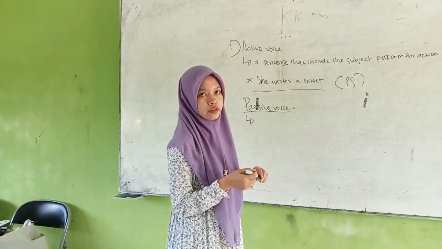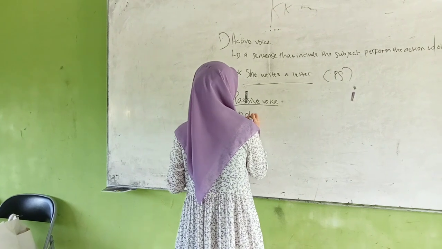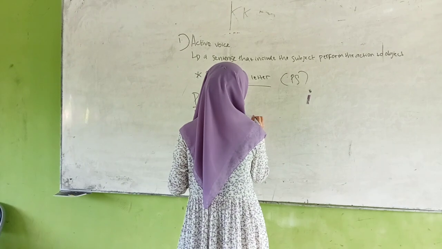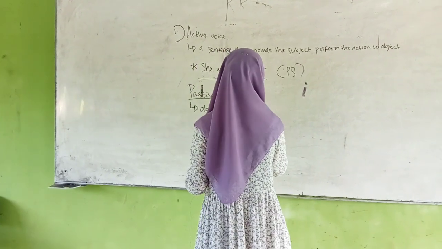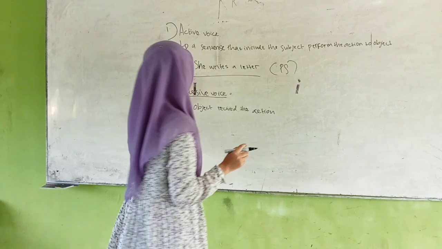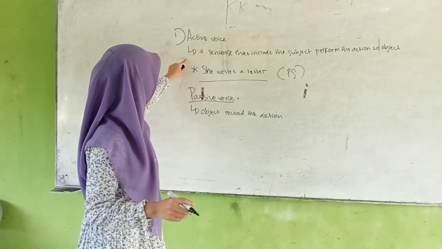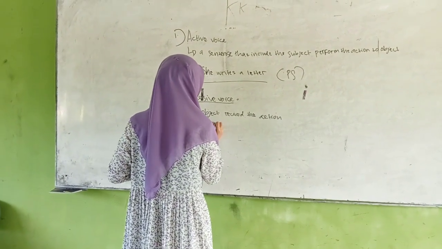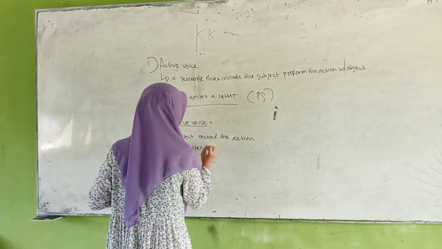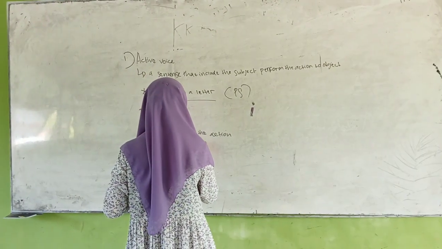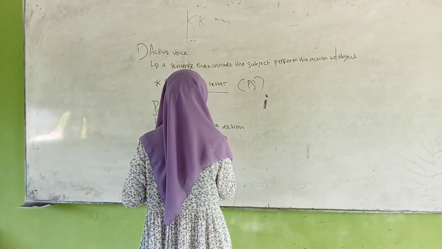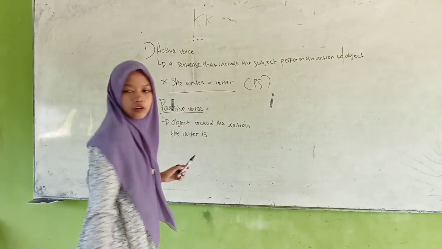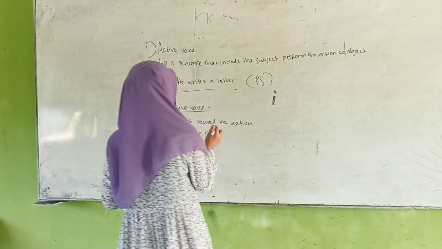if it is passive voice, turn to the object, receive the action. For example, that we have here is in active voice, she writes a letter, become the letter is written. The base form of written is write.